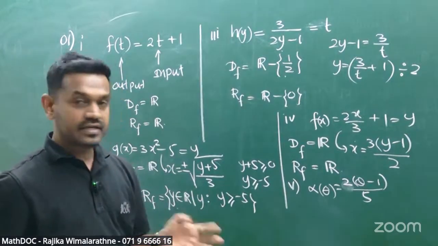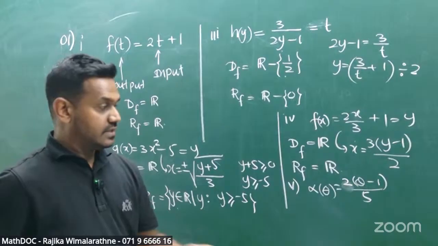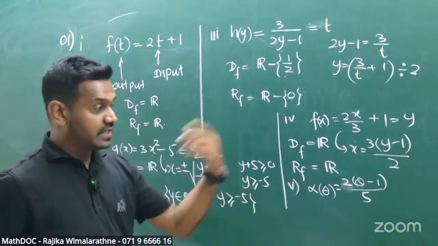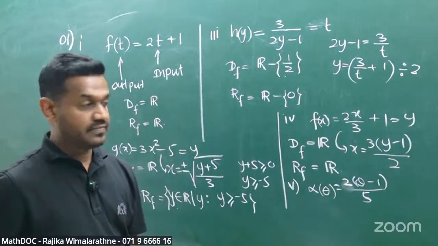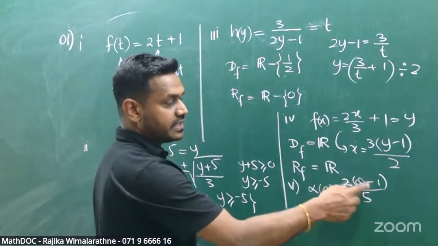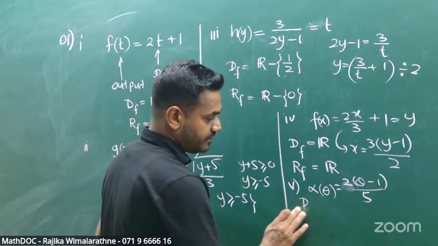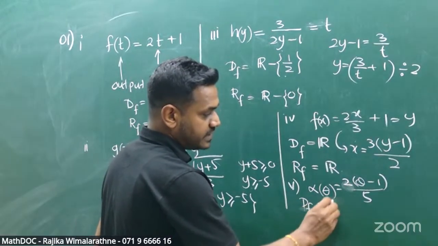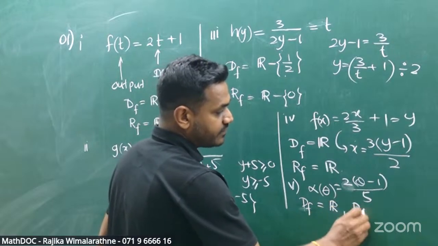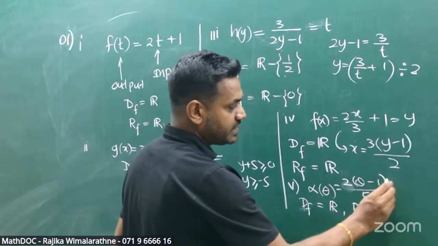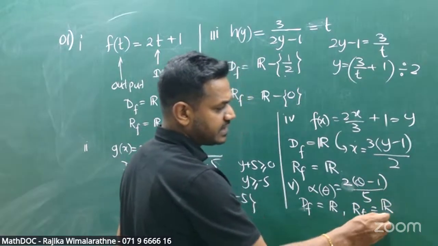First you identify the subject one as the dependent variable, then the other side variable as the independent variable. Therefore, here for theta, we don't have any restriction. Therefore, the domain is the real set. Then the range, that is the possible y values. When you make theta the subject, we don't have any restriction, again the real set.